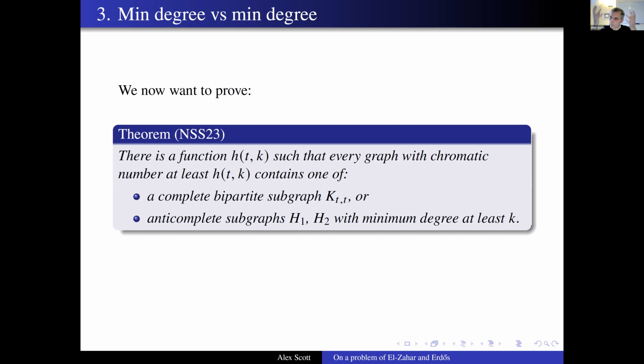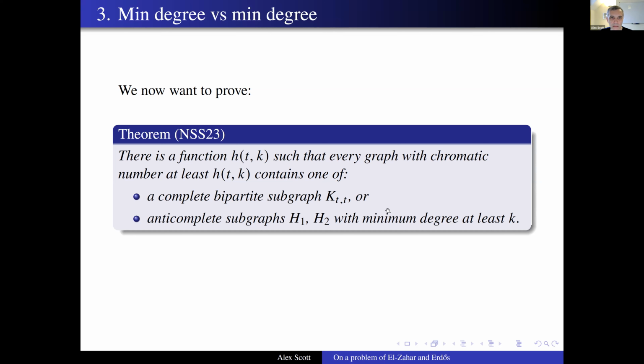So now we're going for a pair of subgraphs with large minimal degree and anti-complete. And the assumption is going to be that you have large minimal degree. So there's a function h so that every graph with minimal degree at least h contains either a complete bipartite subgraph, KTT, or a pair of anti-complete subgraphs with minimal degree at least k.